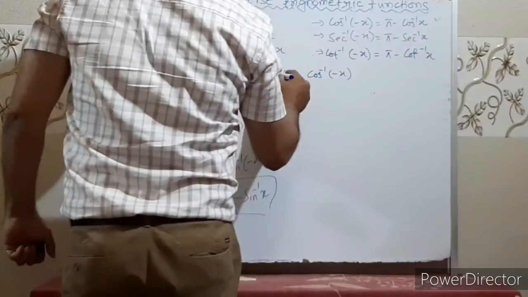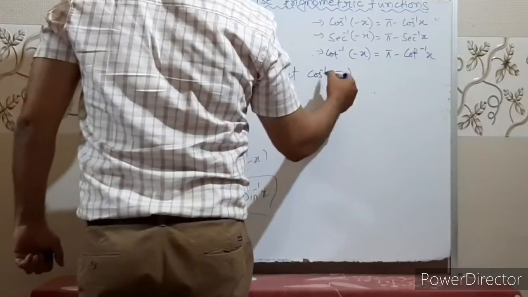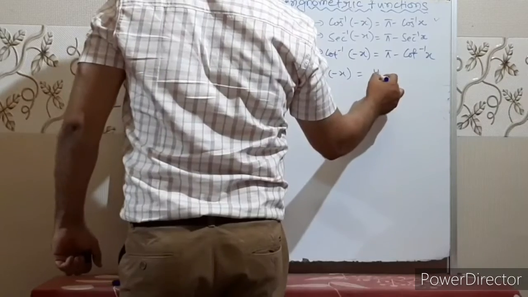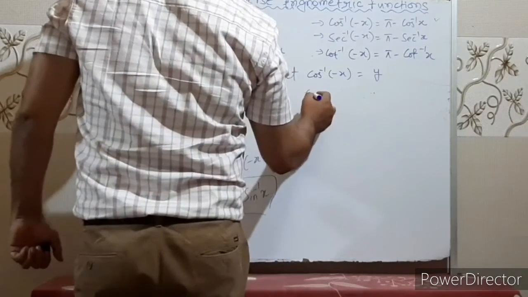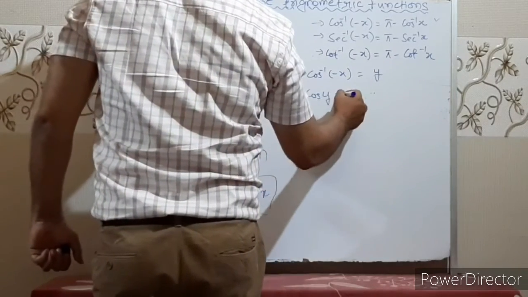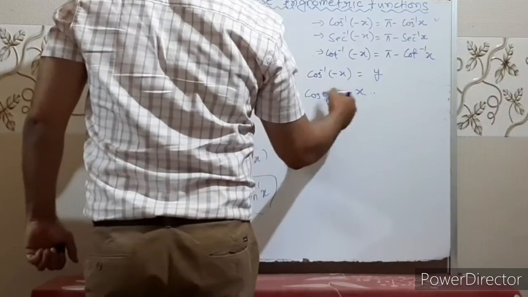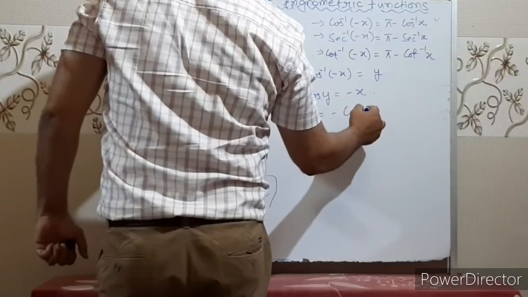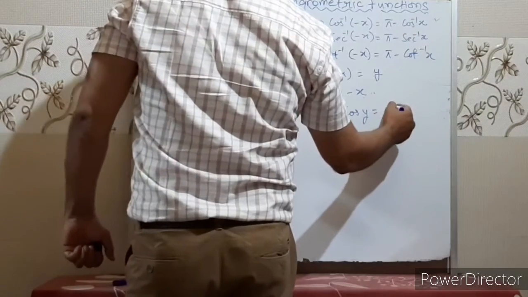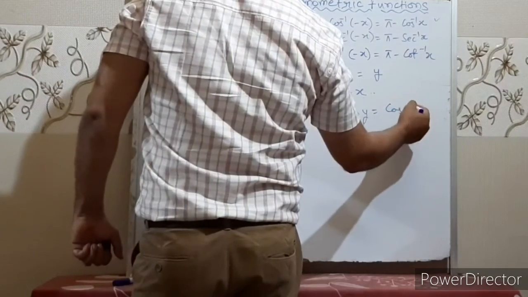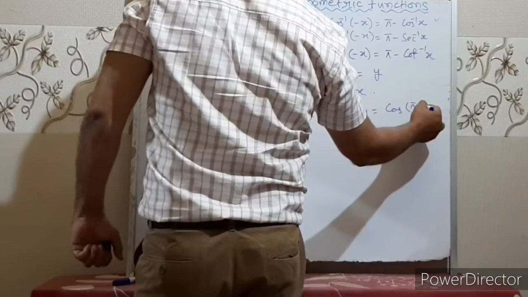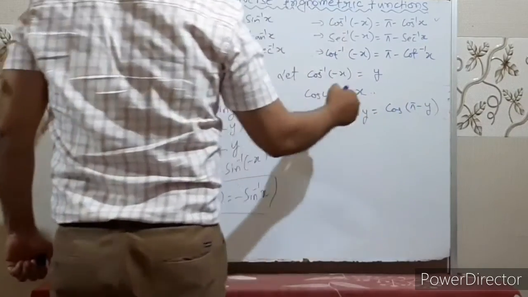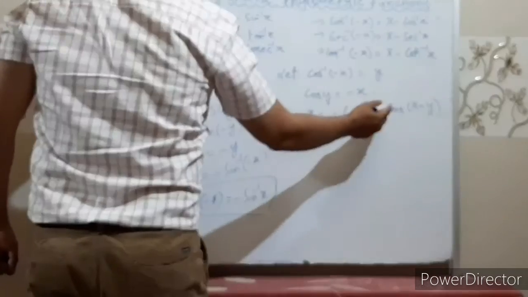Okay, children. Now we have to prove that cos inverse minus x is equal to pi minus cos inverse x, right? So what we'll do, we'll assume that cos inverse minus x is equal to y. So the value of cos y will be minus x. Transfer minus to that side. So x will be minus cos y. Minus cos theta can be written as cos of 180 minus theta. Cos is negative in the second quadrant.